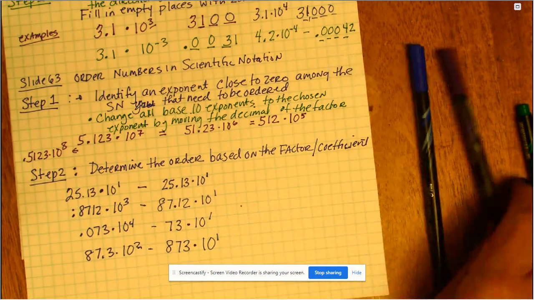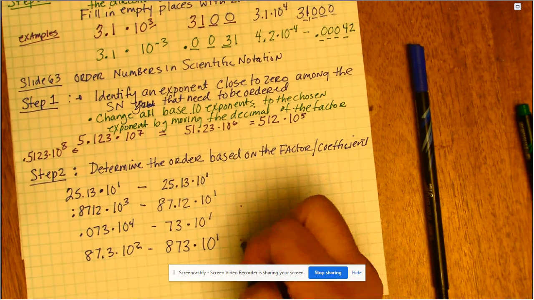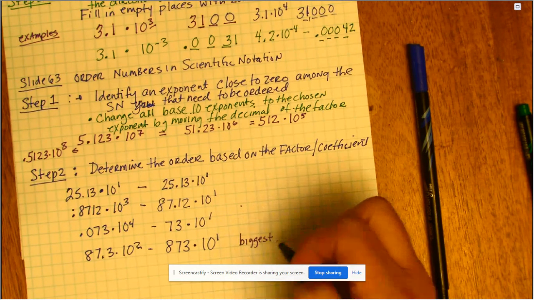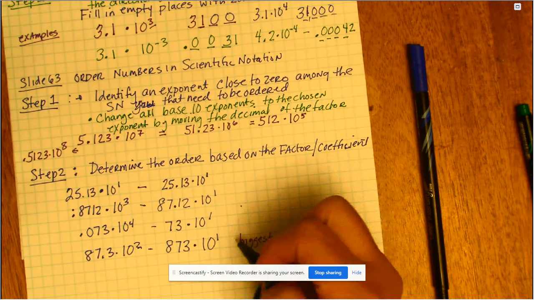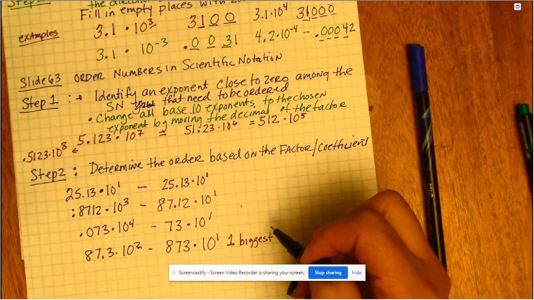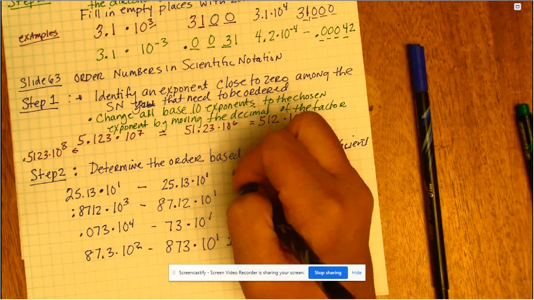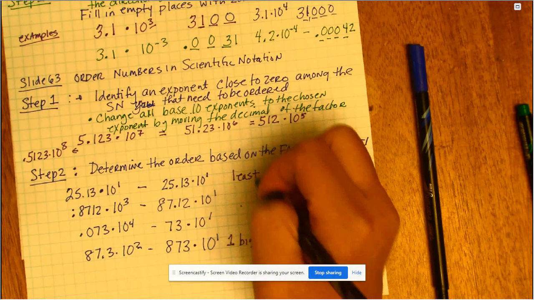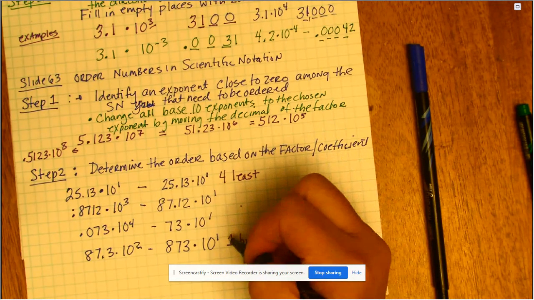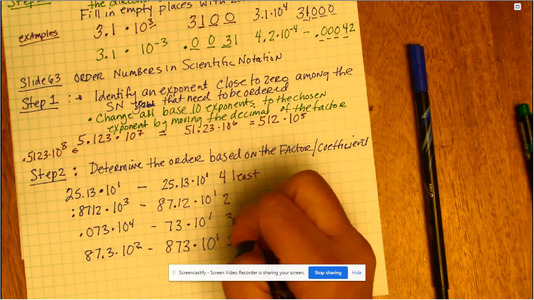So looking at these, I can clearly tell now that this is the biggest number, right? Or the most, or the greatest. So if I was going to put it in order, this would be the biggest, and this would be the least. So that would be the 4th spot. And if I kept on going, this would be number 2, and then this would be number 3.